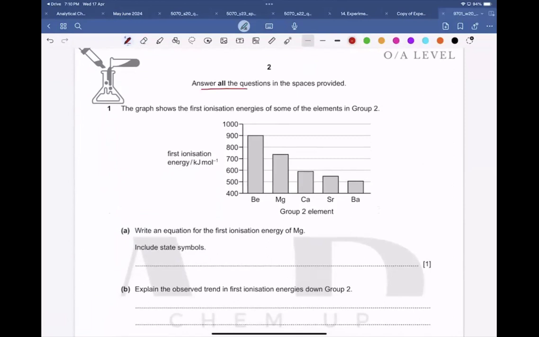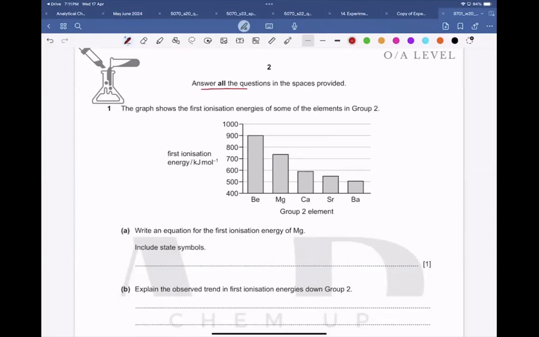And another important thing, if you guys are doing the past papers previously, so in 2020 backward, we have the papers where they have asked for the data booklet that you must use the data booklet. But from 2022 onwards, instead of data booklet, they have given all that information along with the question.